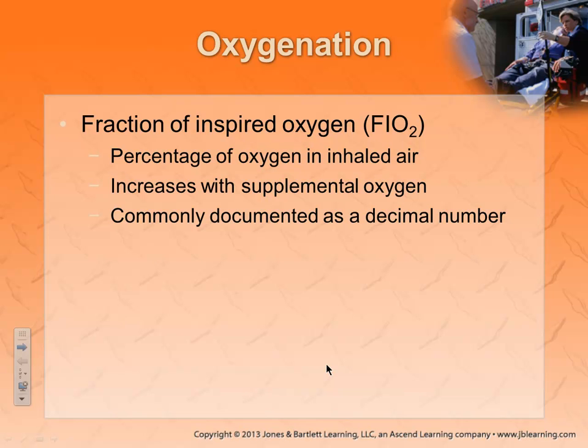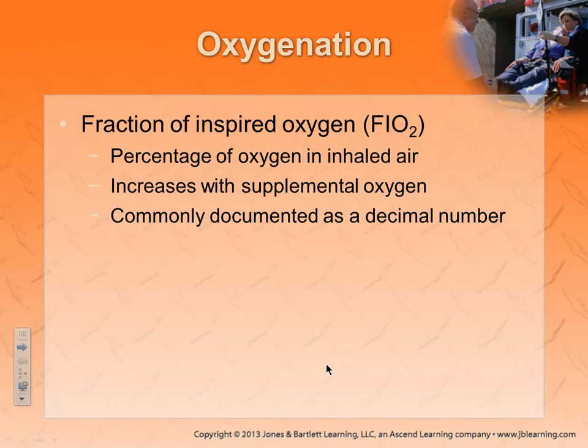And that may be true. But whenever I deal with FiO2 in the hospital, I deal with it all the time with ventilators because we have to give them a fraction of oxygen.